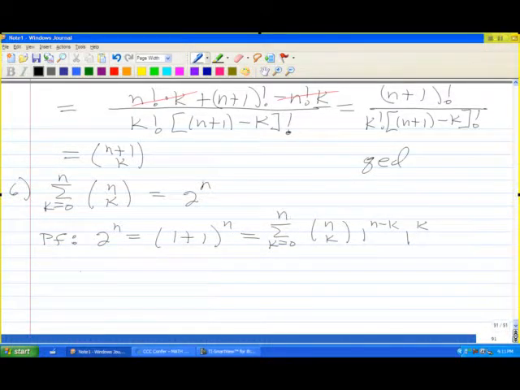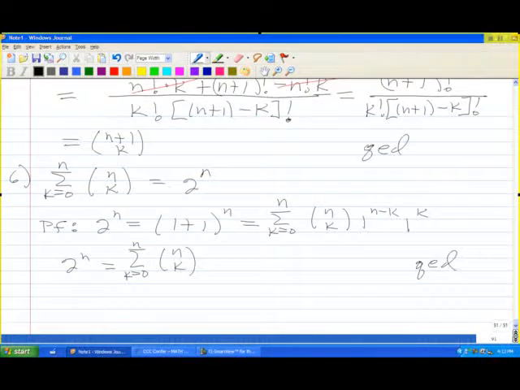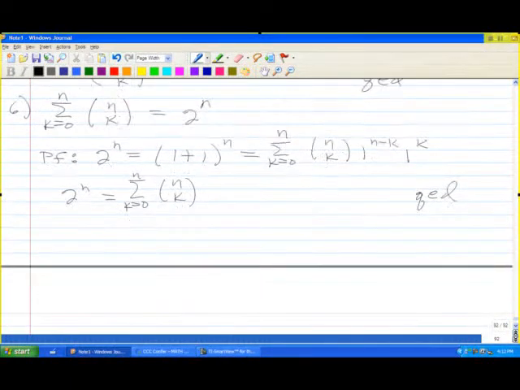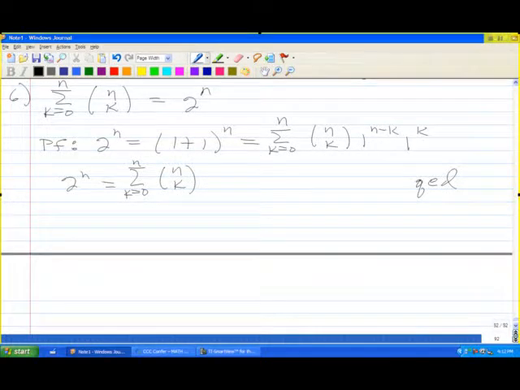But 1 to the power n minus k is just 1, and 1 to the k is just 1. And so 1 times nCk is just nCk. And that's what you wanted to show. So you just expand 1 plus 1, since 2 is equal to 1 plus 1.